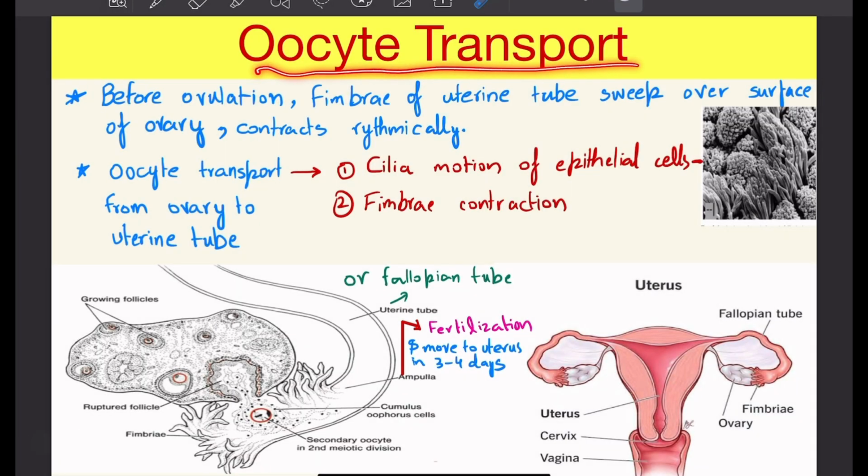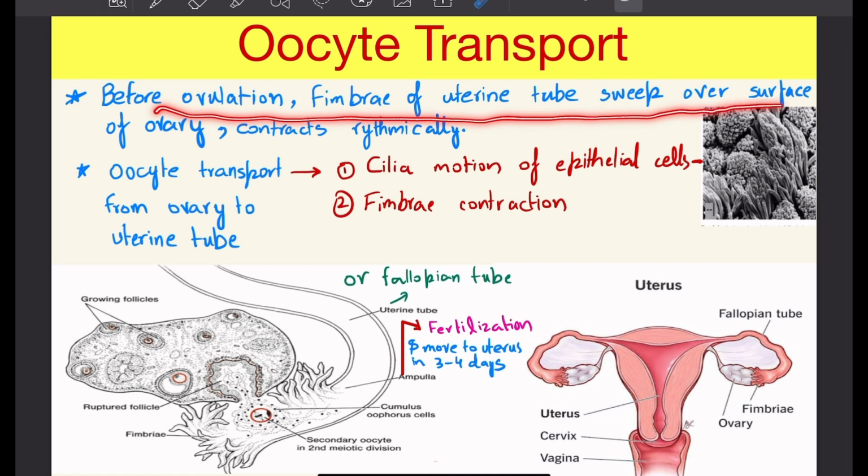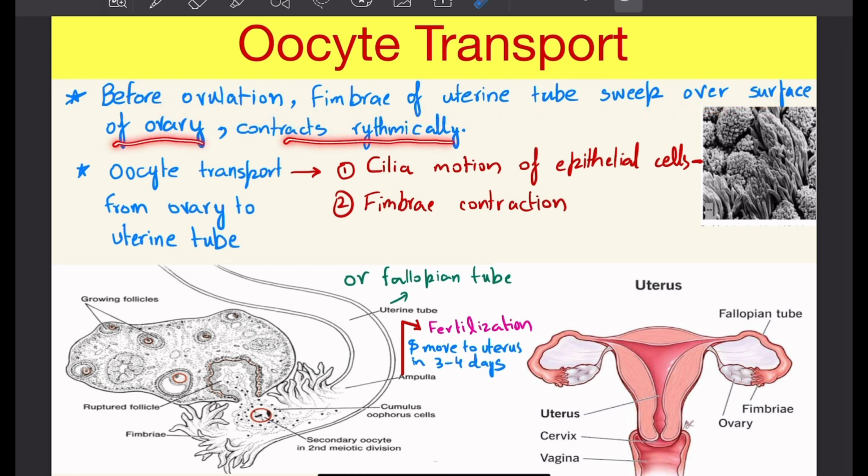Next we have oocyte transport. Before ovulation, fimbriae of the uterine tube sweep over the surface of ovary and contract rhythmically. Oocyte transports from ovary to uterine tube by cilia motion of epithelial cells. There are cilia in the epithelial cells of the uterine tube, and the fimbriae contraction leads to the oocyte transport.